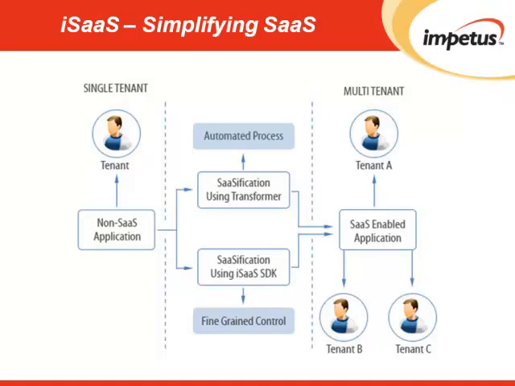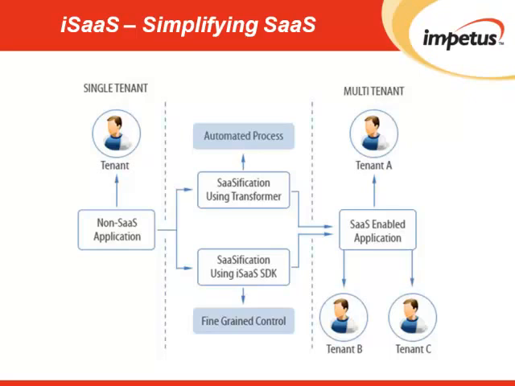The other is via the iSaaS SDK API, for either building a new SaaS application or converting an existing application to a SaaS model. The instrumentation or automated approach is a non-intrusive approach that can provide a quick conversion of existing small and independent Java applications to a SaaS model. The iSaaS SDK API provides more fine-grained control on SaaS-enabling or creating a new SaaS application from scratch.